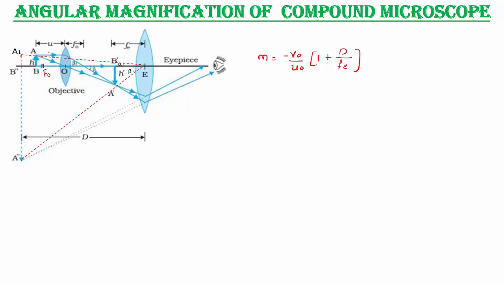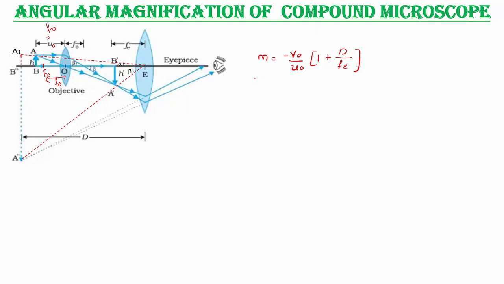So instead of writing U0, I can directly write it as F0, because it is just beyond the F0 value. The distance between optic center and focus is called focal length F0. So now the object is very close to F0, so instead of writing U0, directly we can write F0.